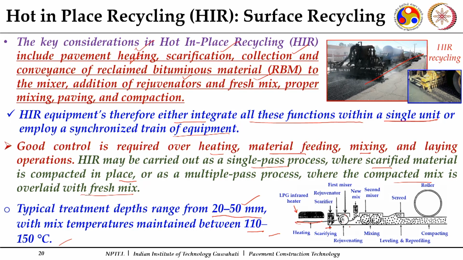Thereafter, depending upon the requirements of the mix, if it is falling short of a certain range of aggregates, binder or aggregate or even a new mix can be added and mixed in the second mixer. It depends upon what type of recycling unit it is, and thereafter you have the screed which gives you the desired thickness.